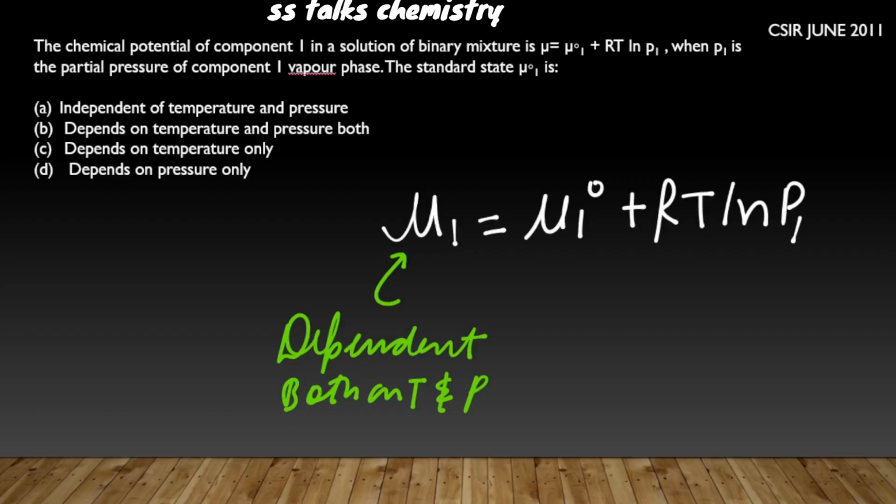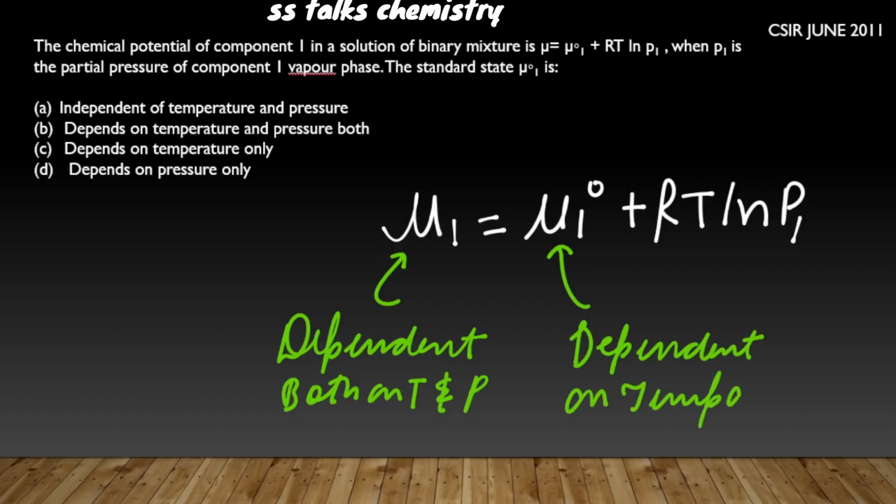Whereas the mu1 naught, that is at the standard conditions, is dependent upon the temperature only. It is not dependent upon the pressure conditions. Okay. So about mu1 naught you have been asked, so it depends on the temperature only. Option C will be the right answer in this.